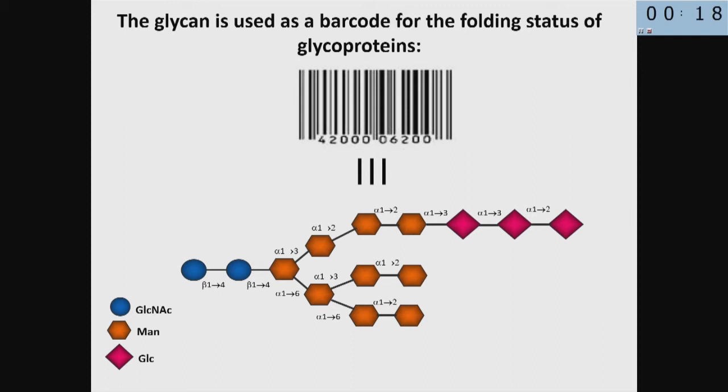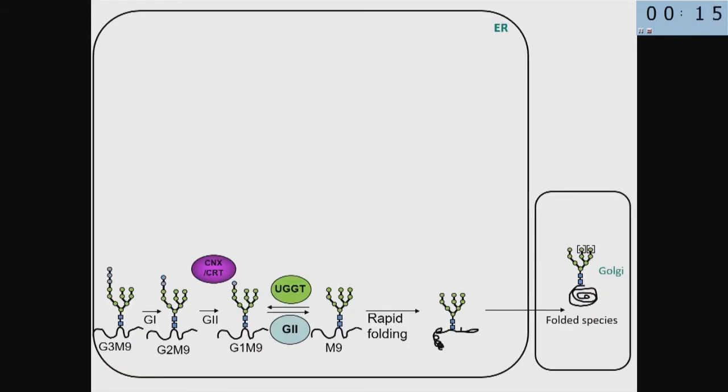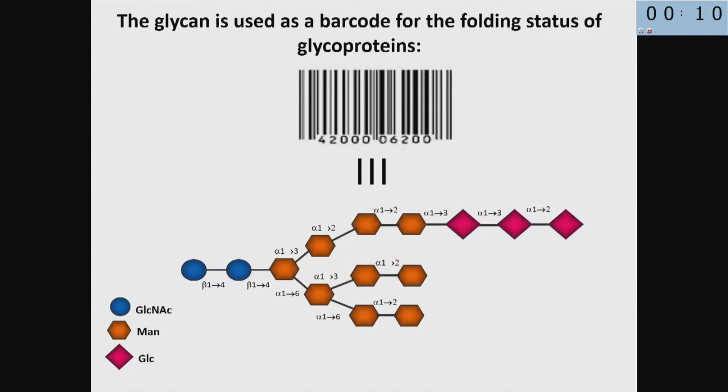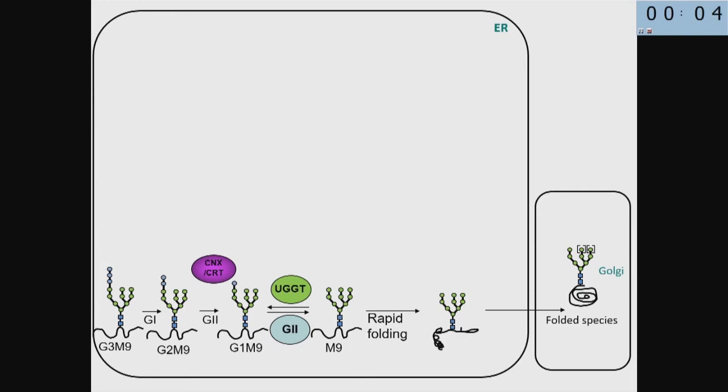I cannot pinpoint here the two mannoses that are removed, but what we think is happening in the cells, starting at the bottom, is that the 3 glucoses are removed, then we have this shuttle between the monoglucosylated species and the deglucosylated glycans catalyzed by the opposing activities of the glucosyltransferase and glucosidase 2. And if the protein folds quickly, it will go to the Golgi directly.